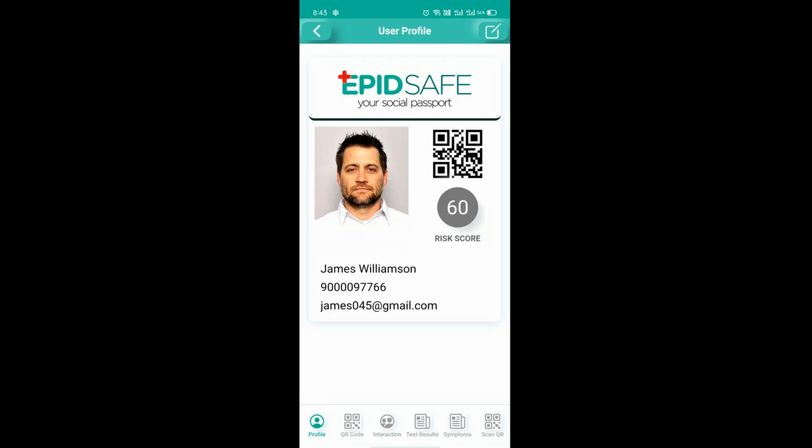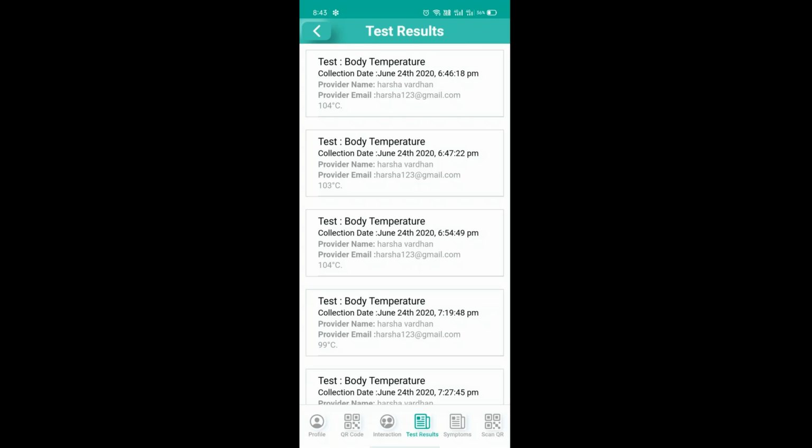So depending on your symptom reporting, a lot of it is the combination of trust and test. We trust individuals to appropriately report their symptoms, but we also test them regularly at various points for their body temperature, and they can also get themselves tested by an approved provider to constantly reduce their risk score.